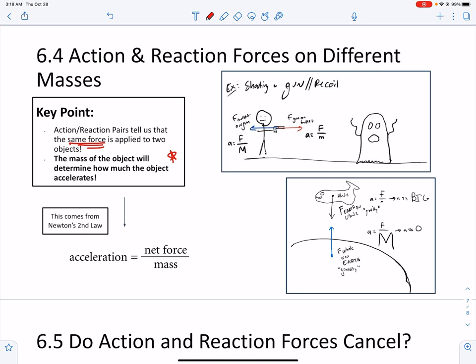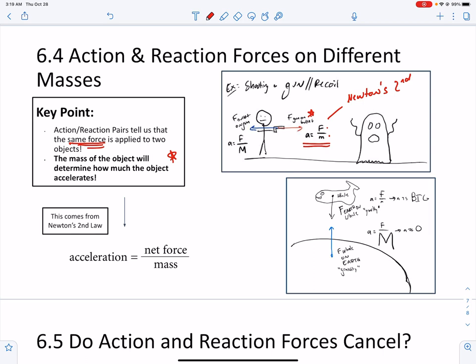Here's an example. If I shoot a handgun, there's a force of the gun on the bullet that causes the bullet to accelerate from Newton's second law. That says acceleration is caused by the force limited by the mass.